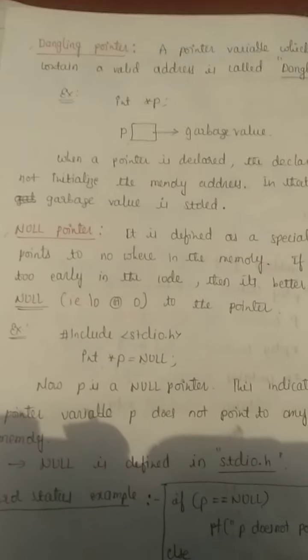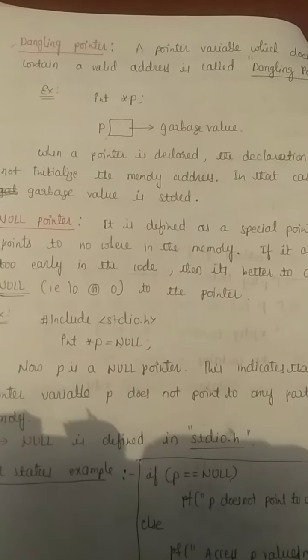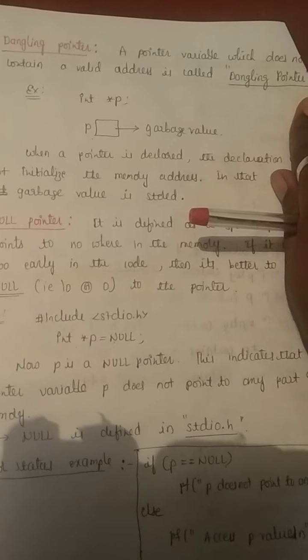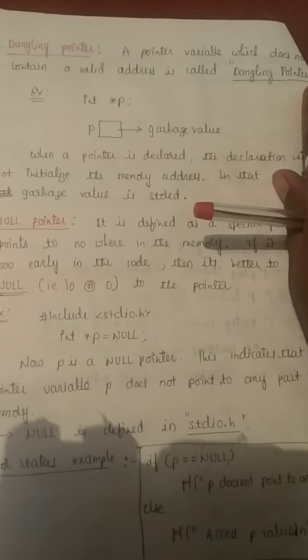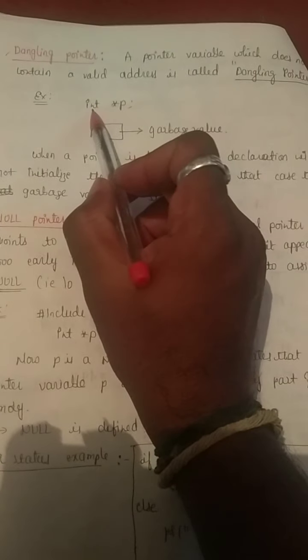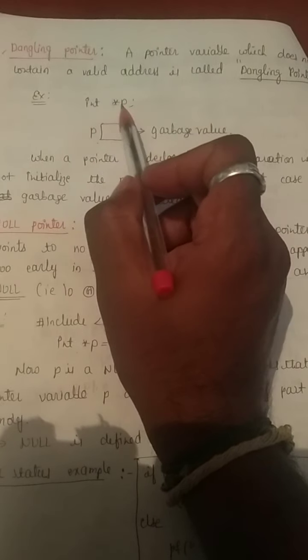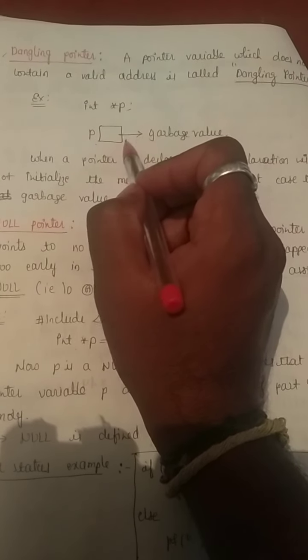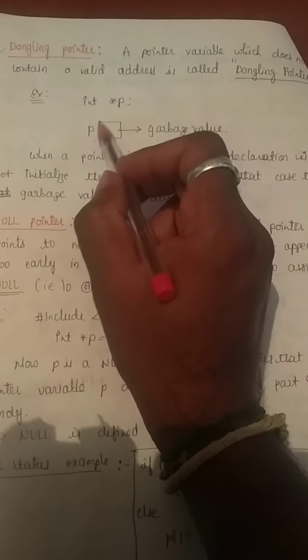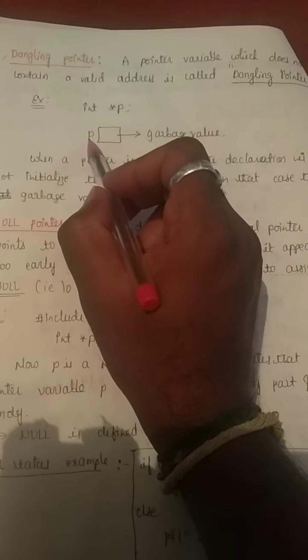That is, dangling pointer. What is a dangling pointer? A pointer variable which does not contain a valid address is called a dangling pointer. It means you declare one pointer variable here, int *p. Memory location diagrammatically we can show like this: this box is p.